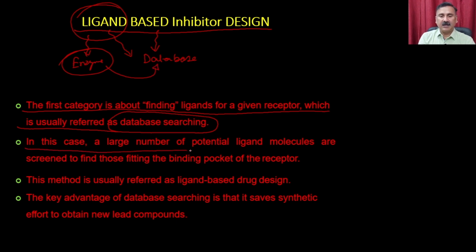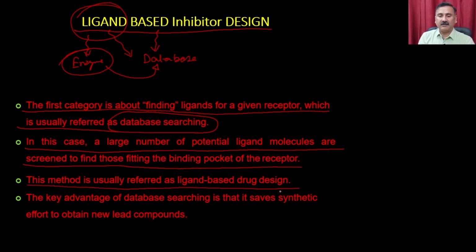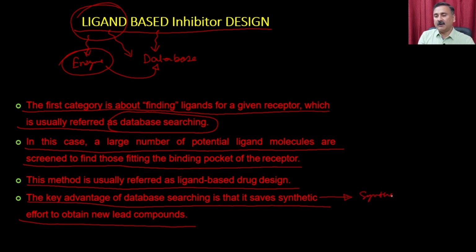In this case, a large number of potential ligand molecules are screened to find those fitting the binding pocket of the receptor. This method is usually referred to as ligand-based inhibitor design. The key advantage of database searching is that it saves the synthetic effort to obtain a new lead molecule, which means it reduces the effort to synthesize these molecules and then test them in the enzyme assay.